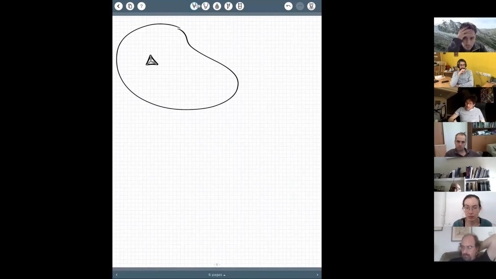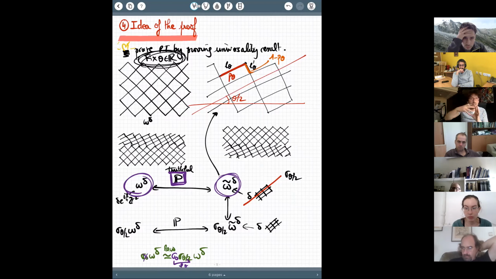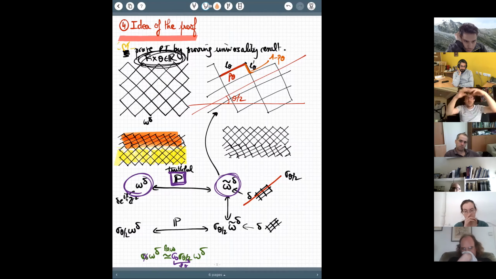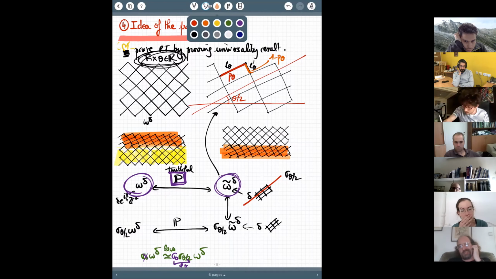Okay? So why did I choose this rectangular lattice with a special choice of p theta and 1 minus p theta? Because when I put the square lattice and I put the rectangular lattice on top of it, I can, by star-triangle, transform this graph into a graph where I have the rectangular lattice below and the square lattice above.